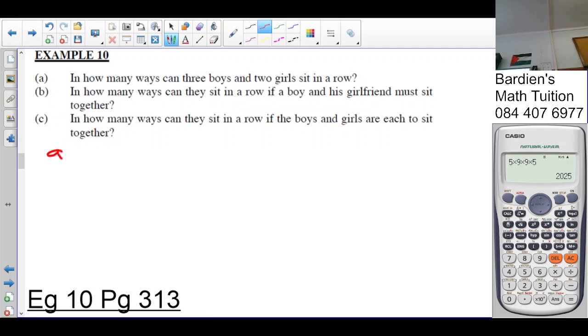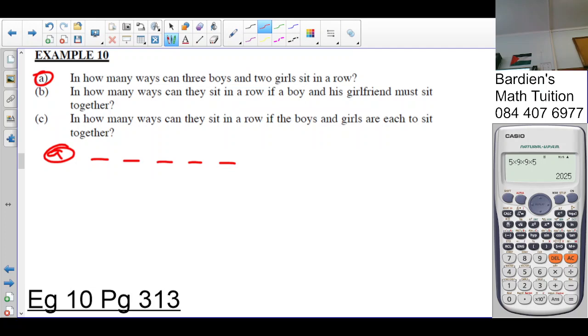So now another condition is set on that. How many people do we have here? 5. So we have 5 bits for 5 seats.